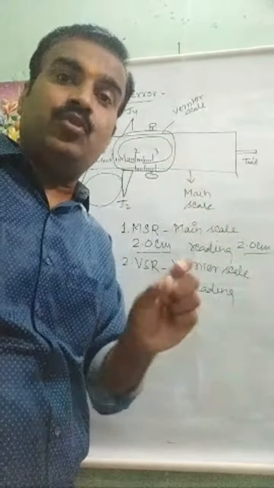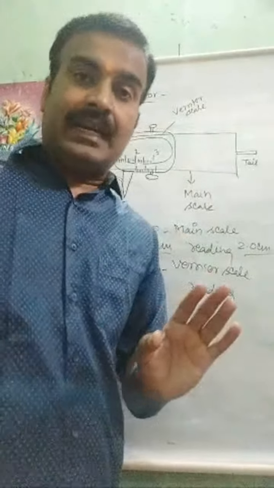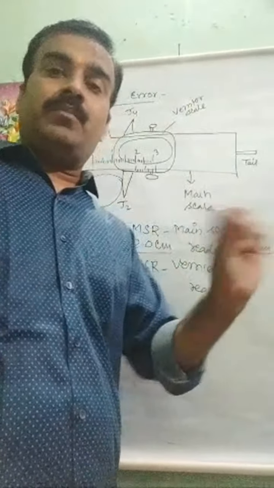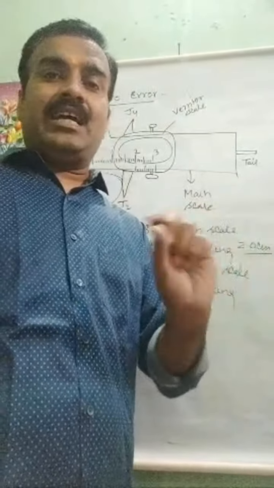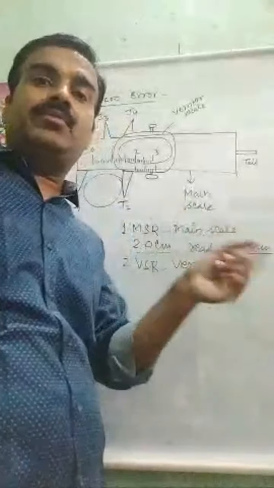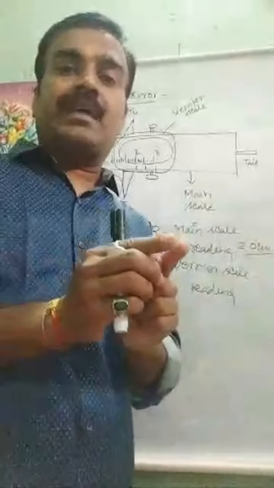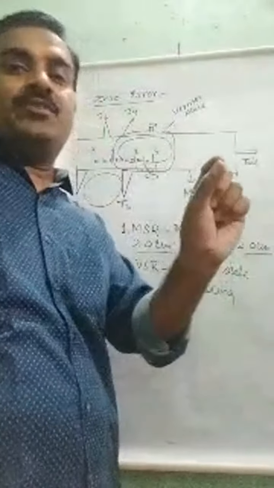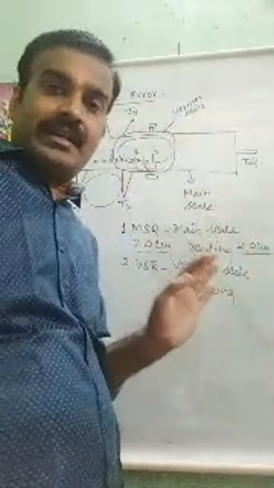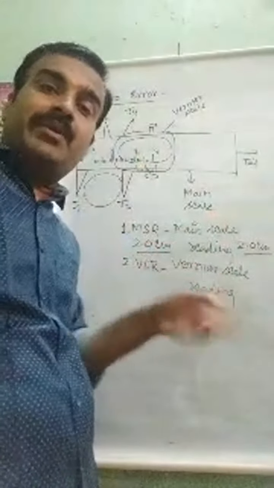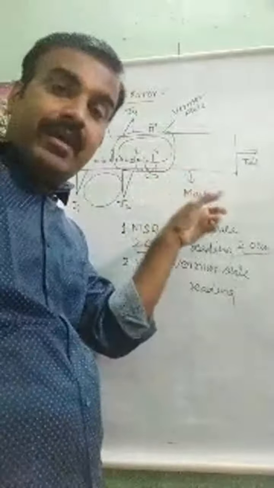Sometimes students write 2.05, but it is not correct, because whatever error or correction there is will be compensated by the Vernier scale, so don't take tension about this. If it is coming in between, write the previous reading, that means 2 centimeter.